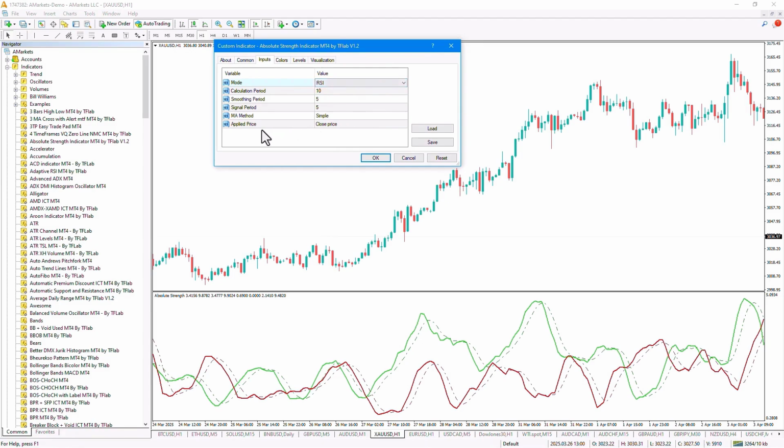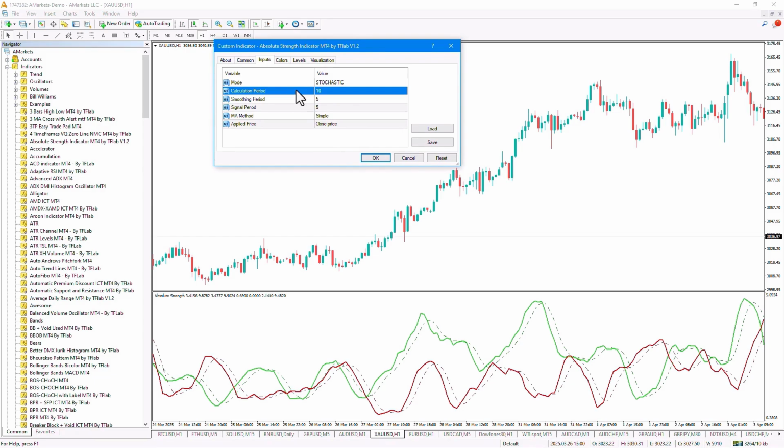These calculations are based on the applied price and the type of calculation we determine here. If we select the stochastic mode, it calculates the price by subtracting the low of the previous candle for the buy mode, and for the sell mode, it subtracts the high of the previous candle from the current candle's calculation and performs its calculations.